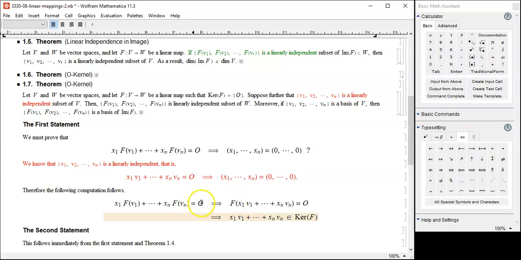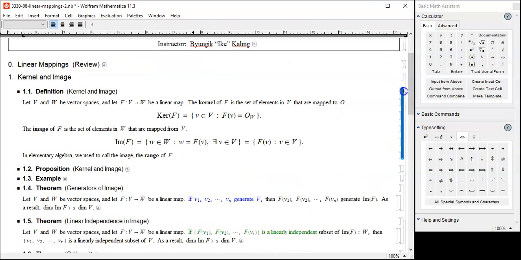Okay, so we begin with what we are given here, what we want to prove, and then we use the property of the linear map so that we can pass all this linear combination inside. Now, f of this vector is equal to the 0 vector. That means this vector belongs to the kernel. That's the definition of the kernel, wasn't it?